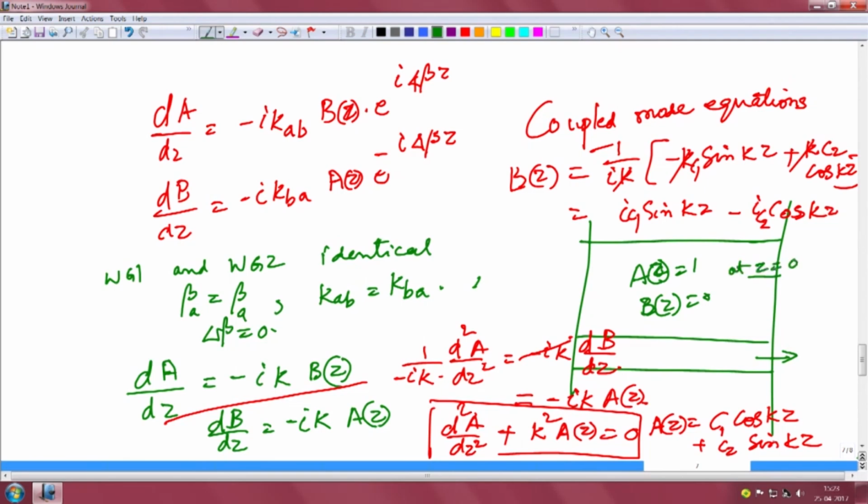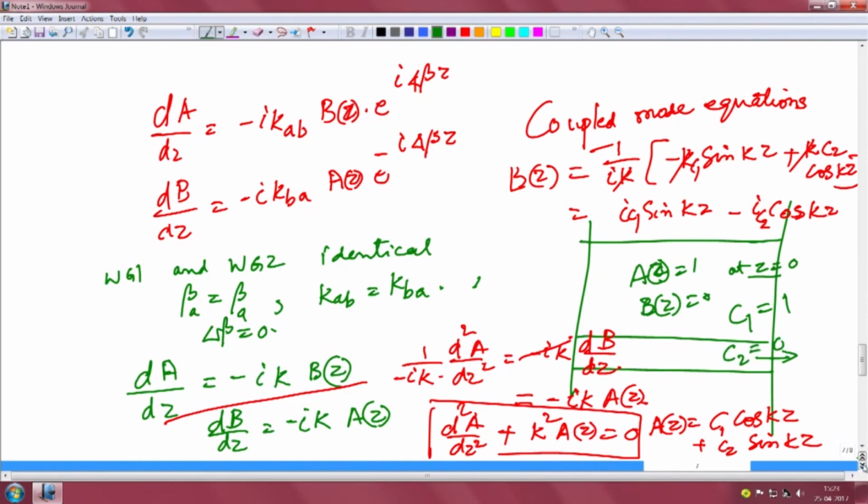So, substitute z equal to 0 in this and A z equal to 1, and we get C1 equal to 1. Similarly, substitute B of z equal to 0 in this expression, and we will get C2 equals 0.